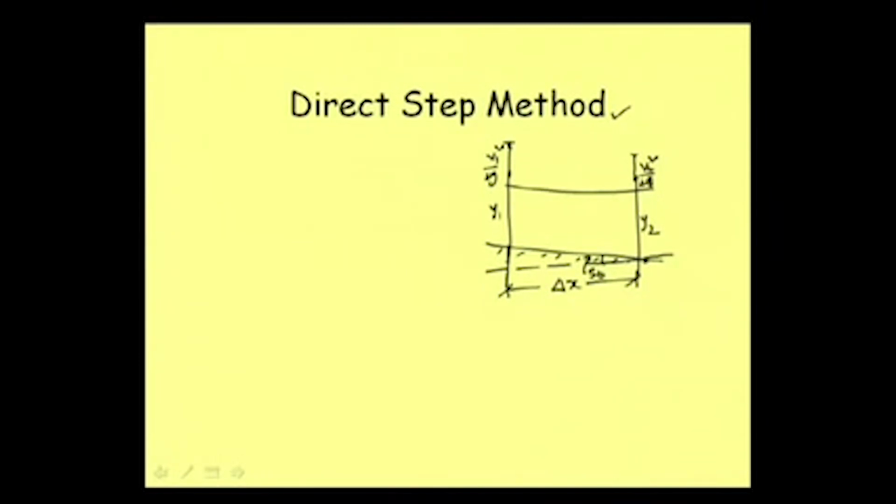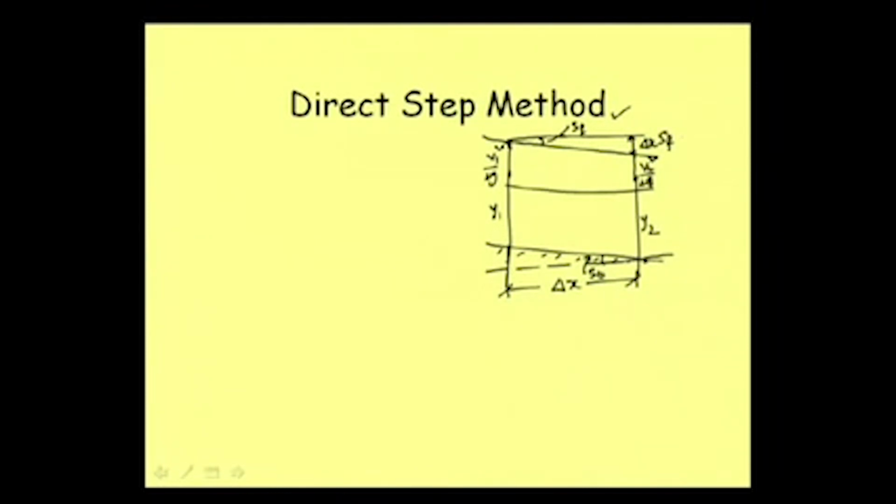This line is called the energy gradient line, and the slope of this line is nothing but SF. Now, if I extend this line with a horizontal line, then this much is nothing but the loss, and we can write this as delta x into SF.